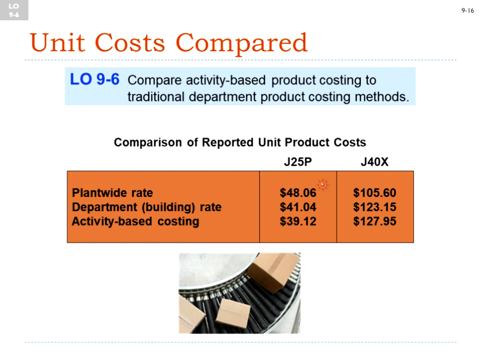Now this isn't necessarily typical that you see such a clear pattern like this, but it could happen. And also understand that sometimes the numbers will go up and sometimes they'll go down. So for J25P, it was being allocated $48 a unit using the plant-wide rate, and then using activity-based costing, the cost per unit actually fell.